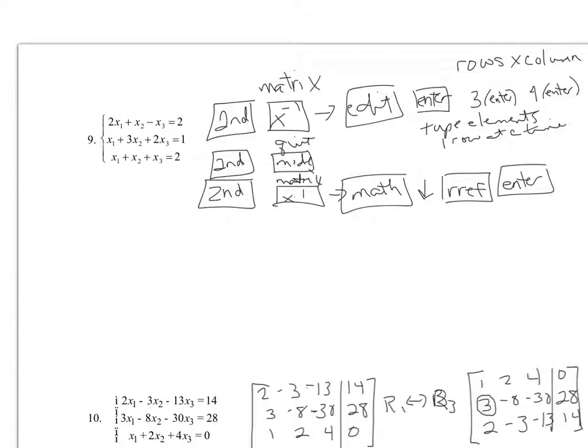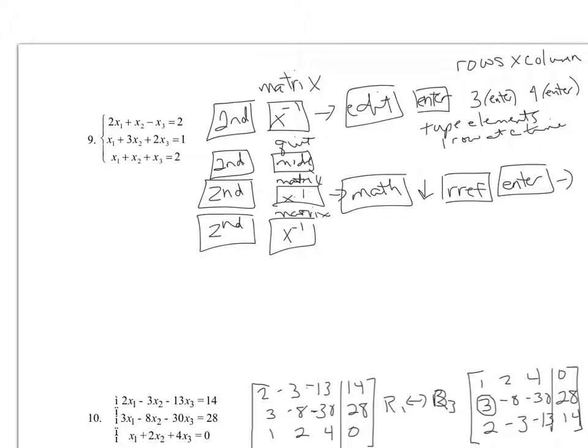and you will be back on the home screen, and you will see RREF and probably an open parentheses, asking where is your matrix you want us to perform reduced row echelon operations on. And what you would need to do is to go back and type in second matrix one more time.